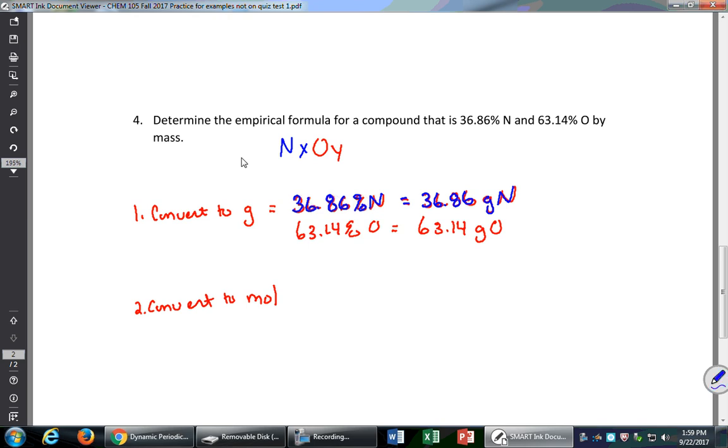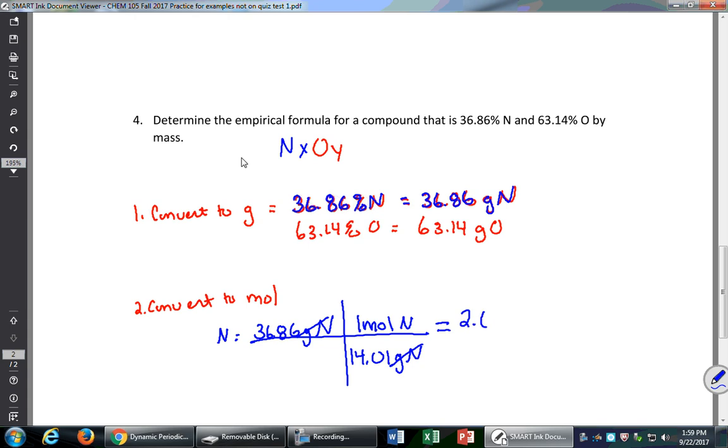So starting with nitrogen, 36.86 grams nitrogen. According to our periodic table, we have 14.01 grams nitrogen for every 1 mole. So we'll put our 14.01 grams nitrogen at the bottom and 1 mole nitrogen at the top. Grams nitrogen cancel out. So what we have is 2.6310 moles of nitrogen. And that's going to be X from what I wrote at the top.